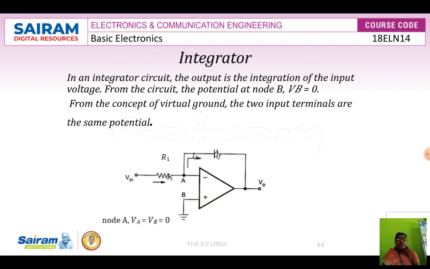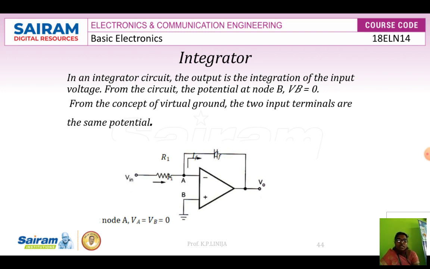Here in the feedback we have connected a capacitor, the feedback capacitor, represented by CF. The non-inverting terminal is grounded and it is given as B. Therefore, the voltage potential at node B, VB, is equal to 0. Then as per the concept of virtual ground, the two input terminals are at the same potential.